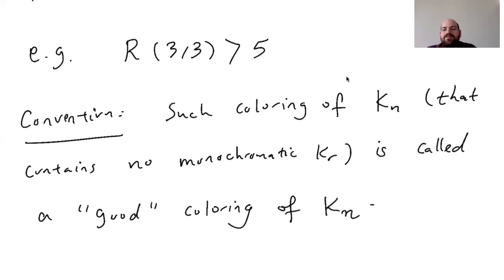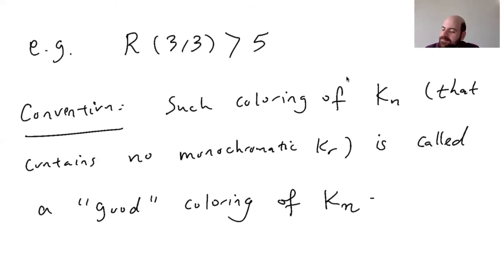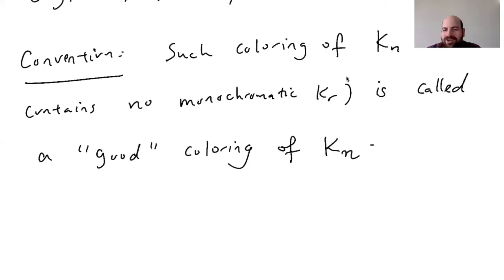Because it's hard to repeat this sentence every time, that we have an integer n such that Kn has a red-blue coloring that contains no monochromatic Kr, we just say a good coloring of Kn. We are not judging whether it's really good or not, it's just a convention. You could say it's not good because it shows that capital R is a bigger number, if you prefer the Ramsey number to be a smaller number.